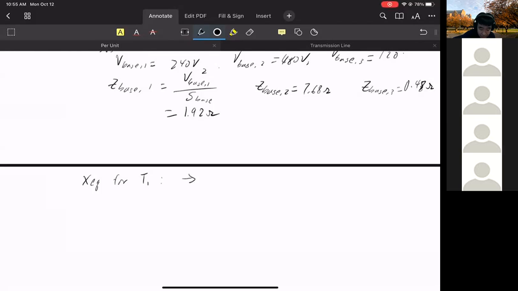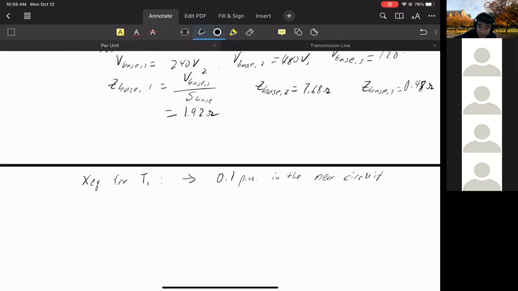This stays 0.1 per unit in the new circuit, because for transformer 1 the voltage and power base are the same. So this per unit value doesn't change.